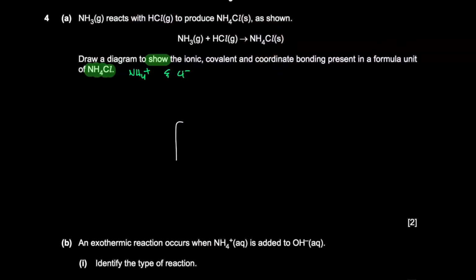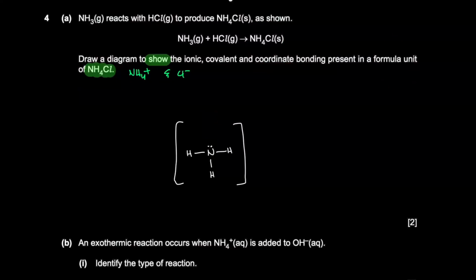So what do we have? First, we're going to draw NH4 plus. So we've got a nitrogen. Initially, we had ammonia, right? We have to show the coordinate bond. Coordinate bond is the dative bond. If you guys remember, nitrogen will form a dative bond with H plus, right?